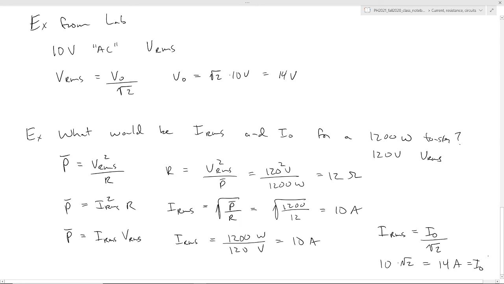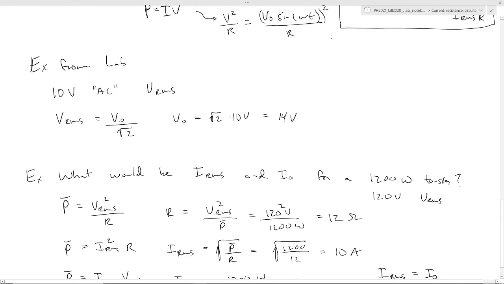So hopefully these examples showing you these definitions help you when you go to solve problems with this stuff. I think that you'll find that it's pretty similar to solving problems with DC voltages and currents, but I think it's good for you to see where those definitions are coming from, because these things sound very similar.